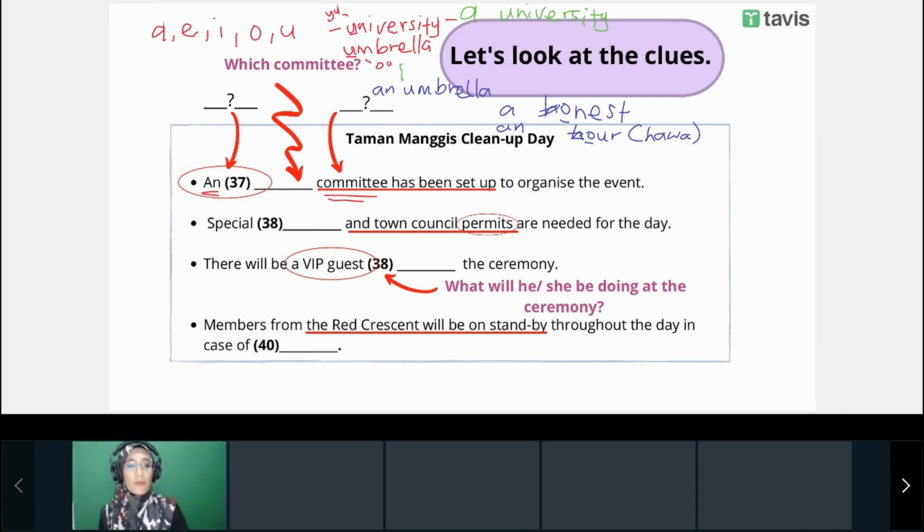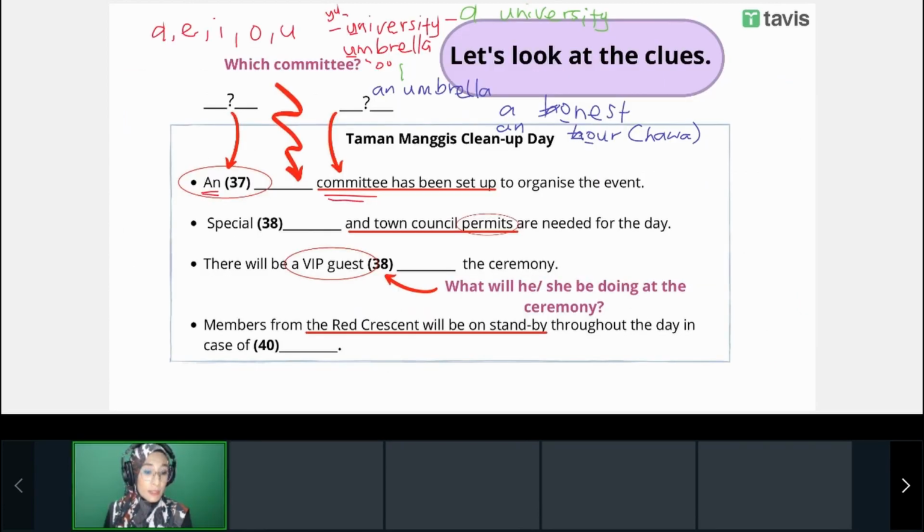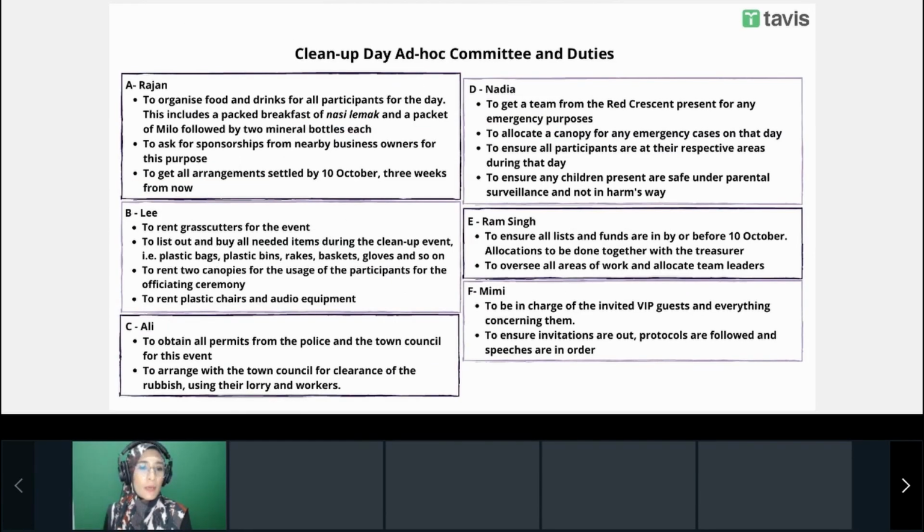Now we have to identify which word begins with a vowel sound or begins with the vowel itself. The keyword you have to look at is committee. I'm sure your eyes will not read the whole thing, so I will focus on the beginning. Here it says cleanup day, ad hoc committee.